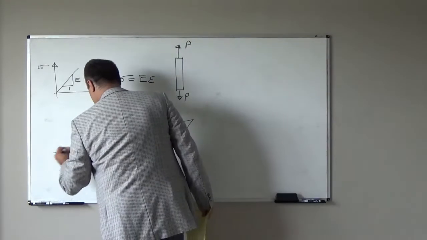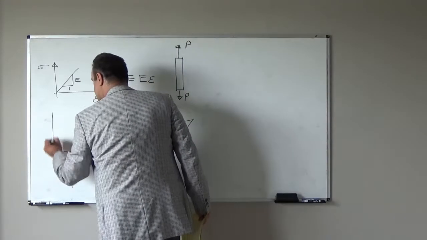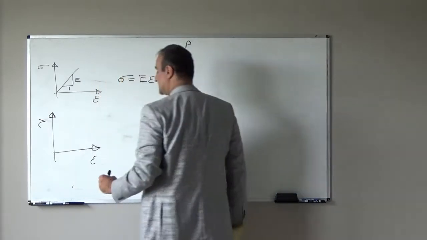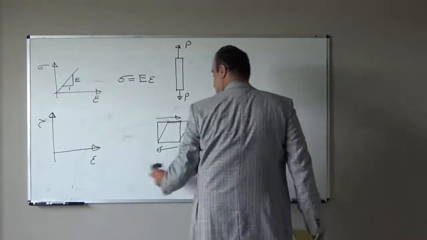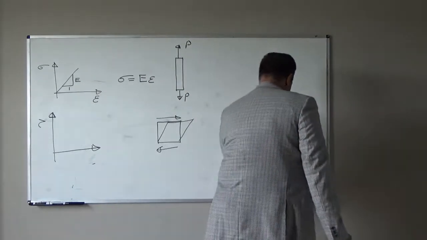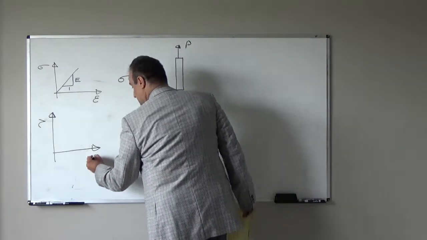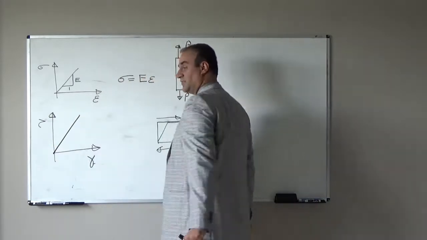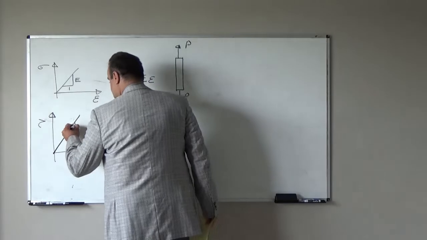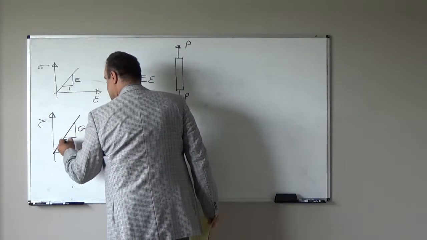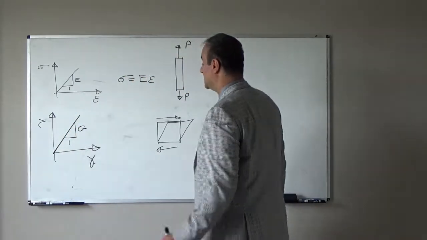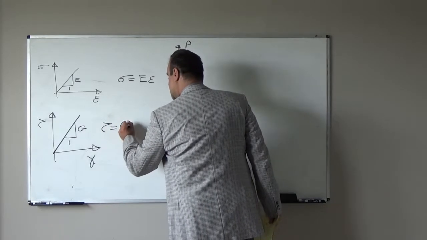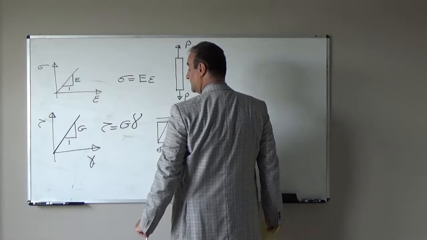If we draw the stress-strain curve, shear stress versus shear strain, sorry, the horizontal axis will be gamma, not epsilon. For linear elastic material in a small deformation range, this slope this time will be G, and Hooke's law will be tau is equal to G gamma.